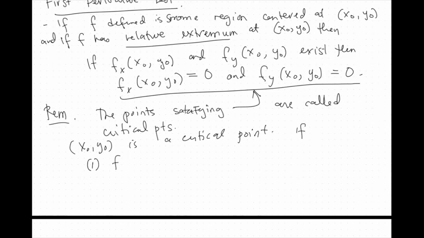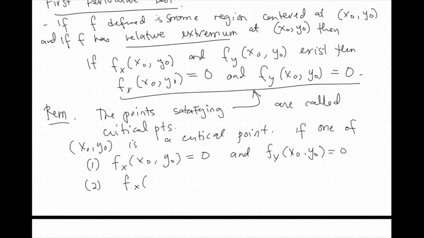Number one, f sub x at that point is equal to 0, and also the partial derivative at that point with respect to y is equal to 0, or one of the following is true.